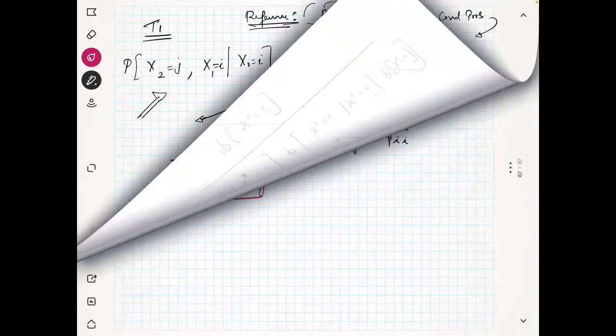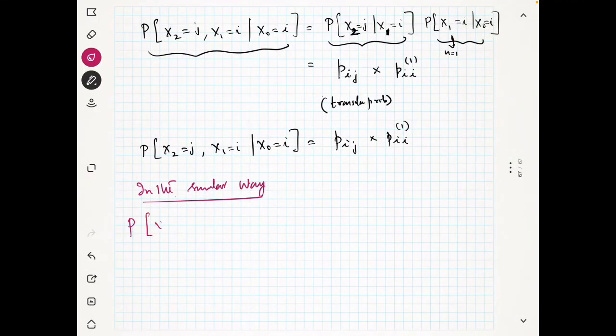So similarly I can write the probability that x2 is equal to j, x1 is equal to j given x0 is equal to i, with the same simplification that we have done for this term. You see here, this is j, this is i, so I will use jj here into pij of 1.